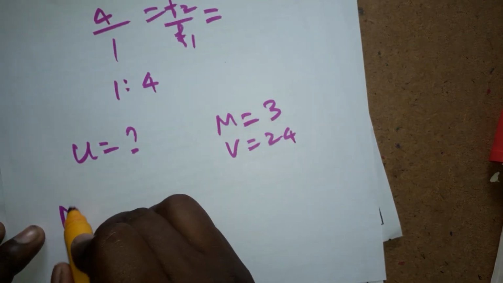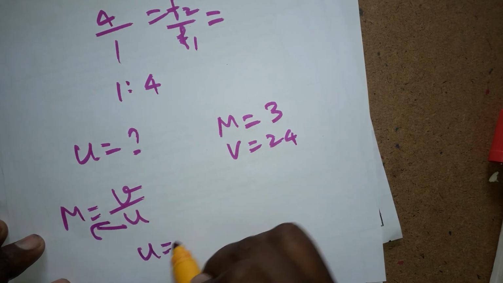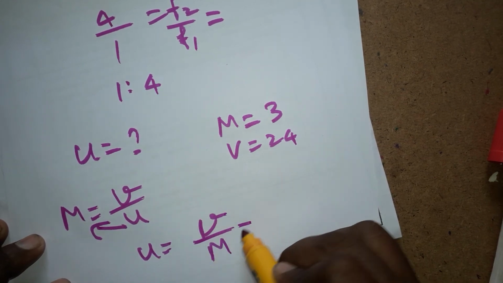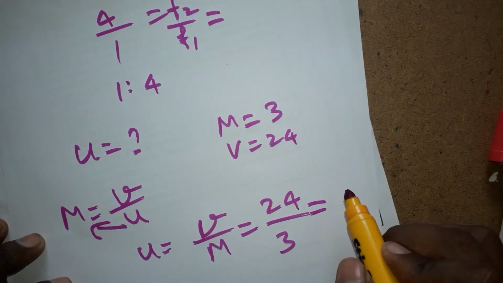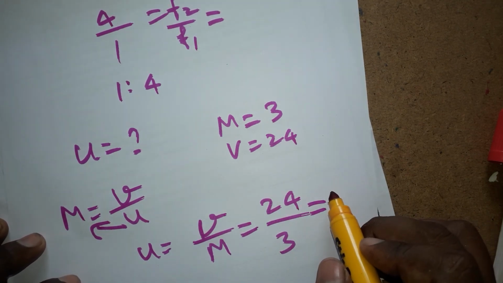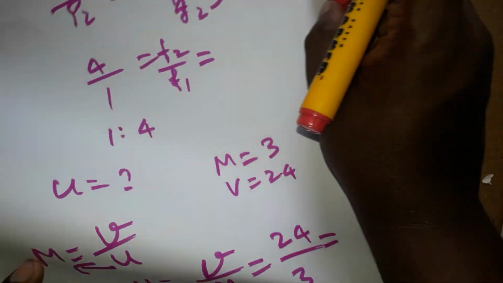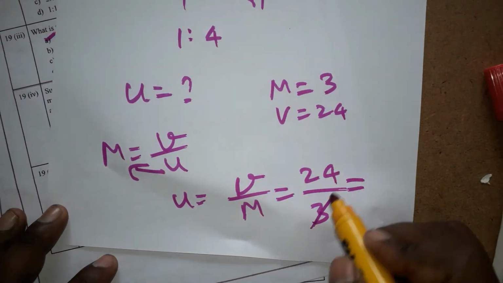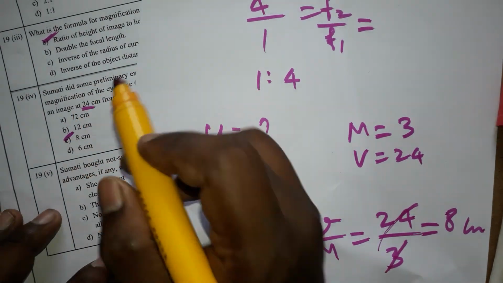What is u? m is equal to v divided by u, so u is equal to v divided by m. I know v is 24 and m is 3, so we will get 8. 8 threes are 24. So 8 centimeters is the final answer.